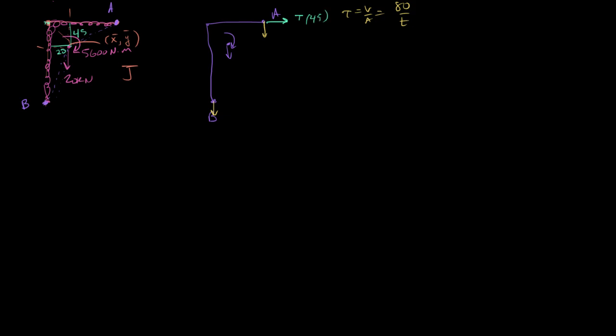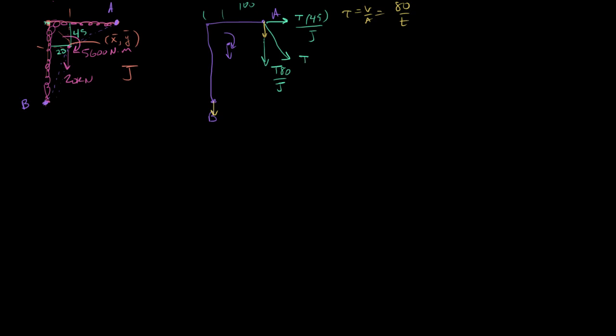So we write 45 over J. And then we have this torque here, which is going to be the 100 minus 20, which is T times 80 over J. And we're going to have a resultant of those two torques.